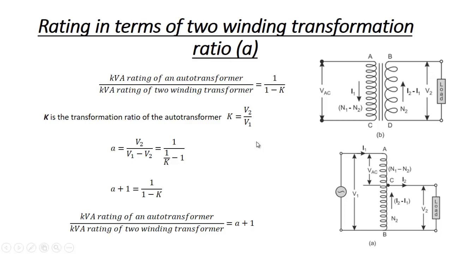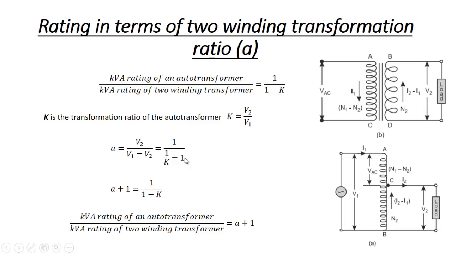Here we assume this to be less than 1. Now for a two winding transformer, this A will be equal to V2 divided by V1 minus V2. So when you divide it by V2, this will be equal to 1 divided by V1 divided by V2 minus 1. So V1 divided by V2 will be equal to 1 by K. So A will be equal to 1 divided by 1 by K minus 1.